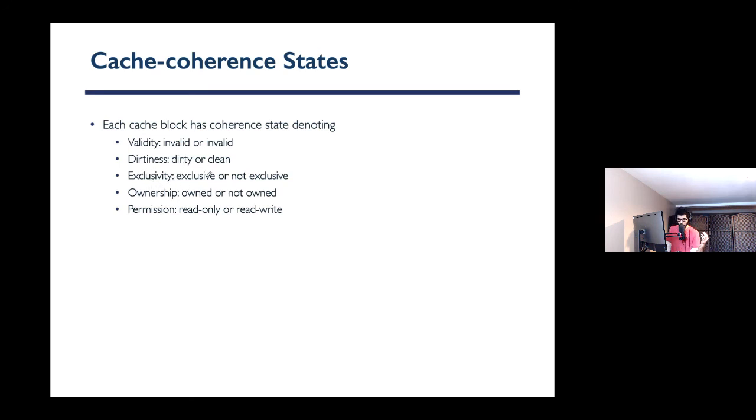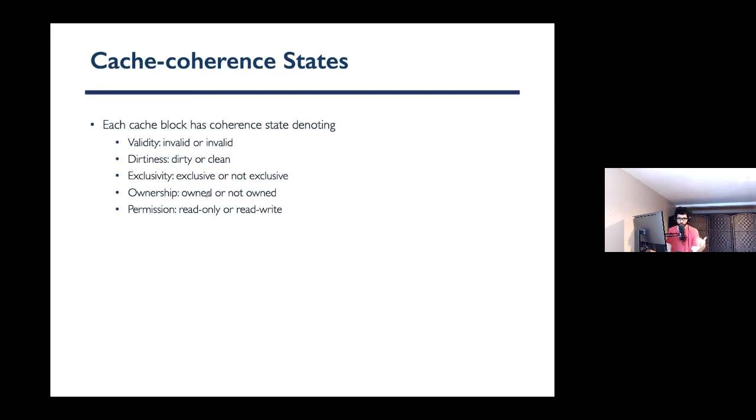Exclusivity: it could be exclusive or non-exclusive. If this CPU has exclusive access to this address, it means that only this CPU can have access to this, and everybody else doesn't have any access. If it is non-exclusive, it means that others could have access to this memory location. You have ownership. So a location could be owned by a CPU or could be owned by others.